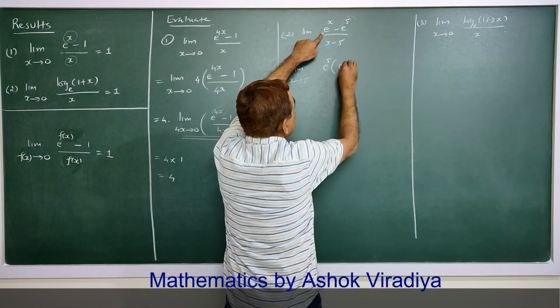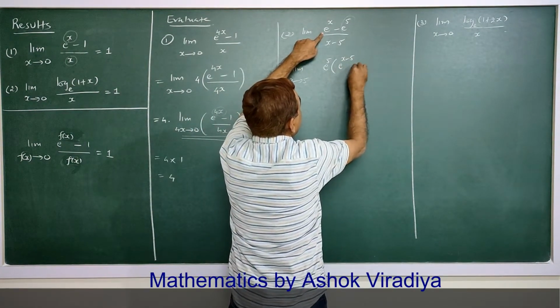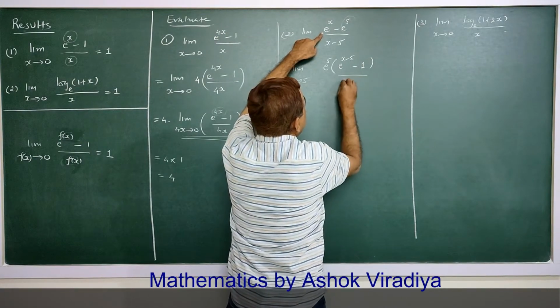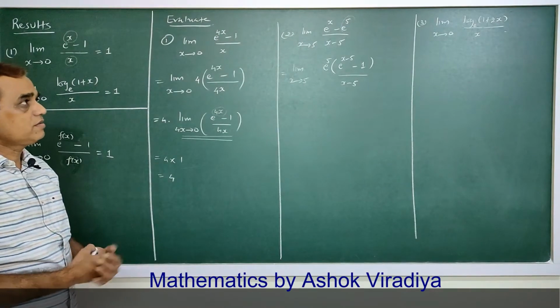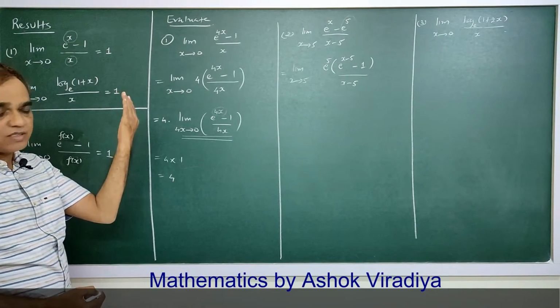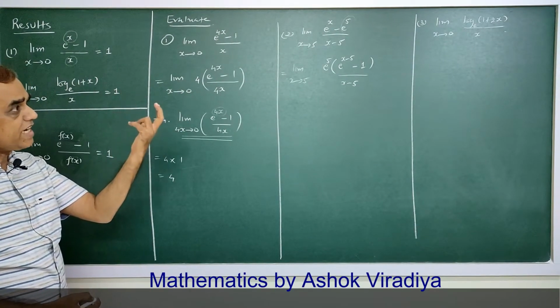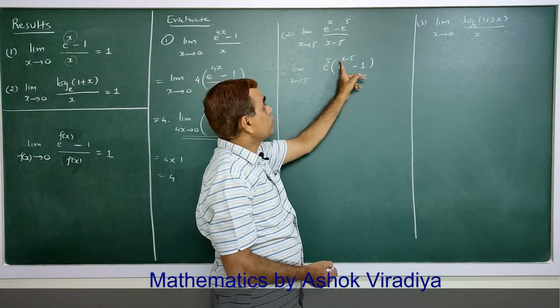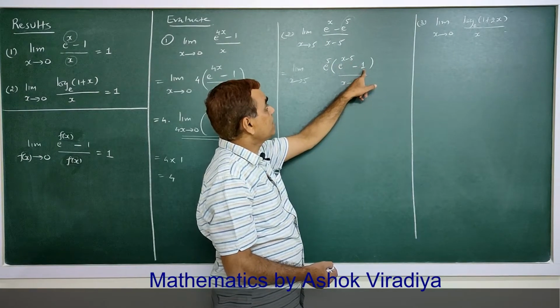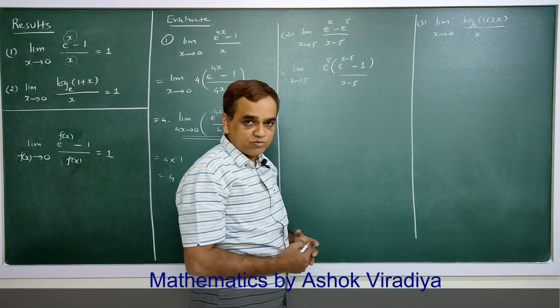So the first term will be e raised to x minus 5 minus 1 upon x minus 5. E raised to 5 is taken common, so inside we have to put e raised to x minus 5 minus 1 upon x minus 5.